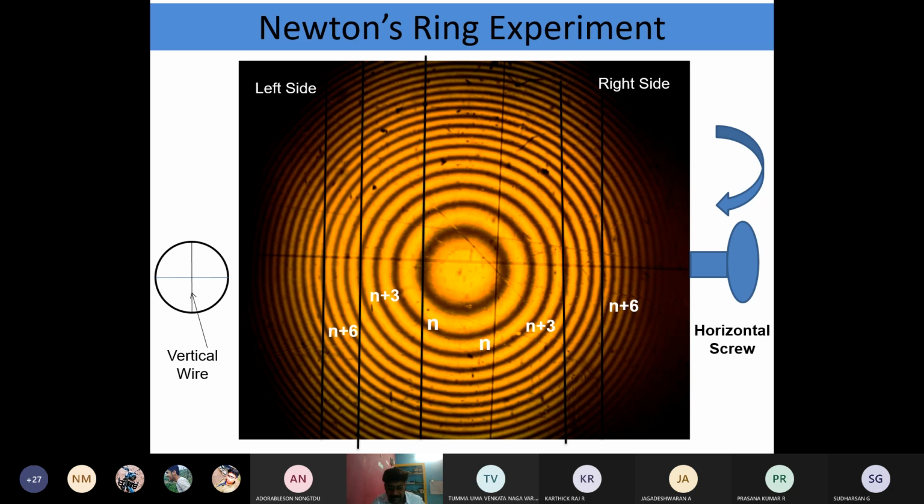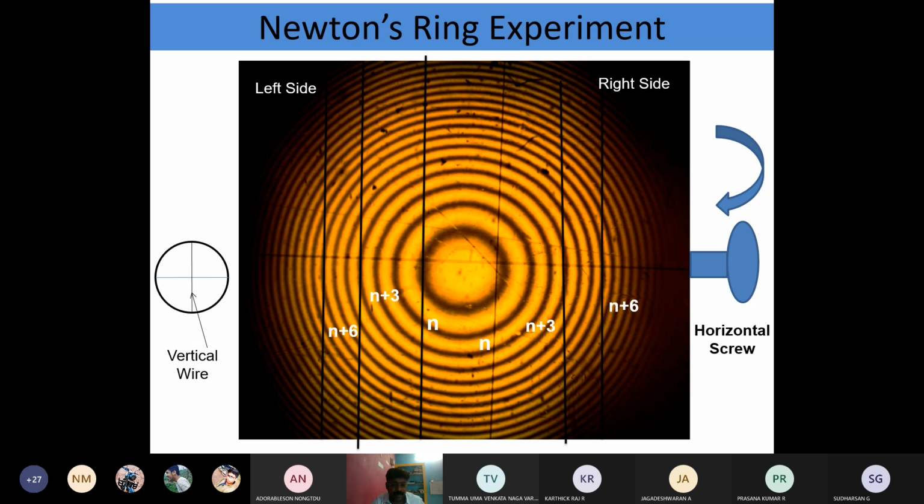So here we have to measure the readings. With the help of the horizontal screw, we can measure the values from the left hand side, and also from the right hand side. Here I have shown the eyepiece section.